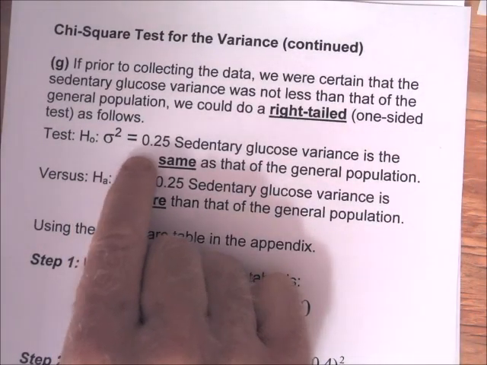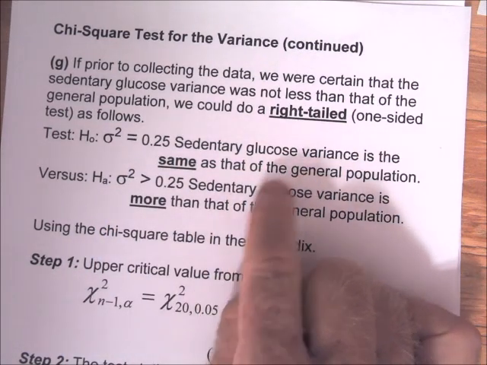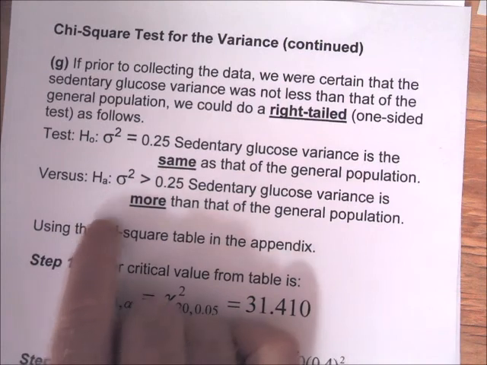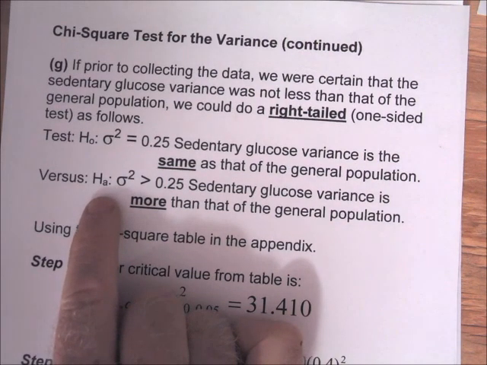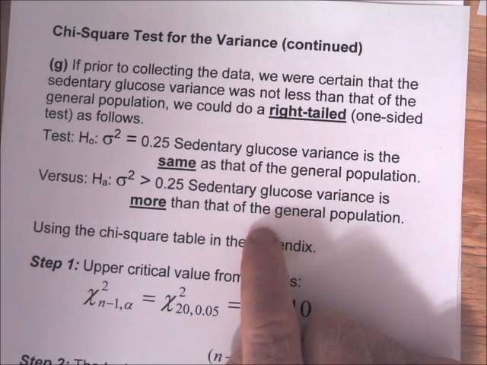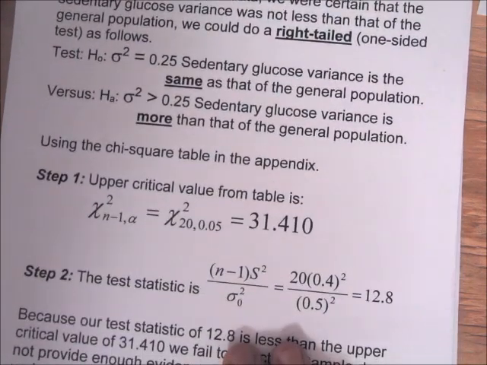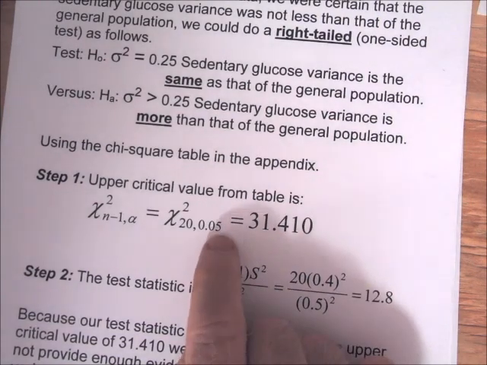So H naught: sigma squared equal 0.25, the sedentary glucose variance is the same as that of the general population, versus the alternative, sigma squared greater than 0.25, the sedentary glucose variance is more than that of the general population. This time we do not divide by 2.